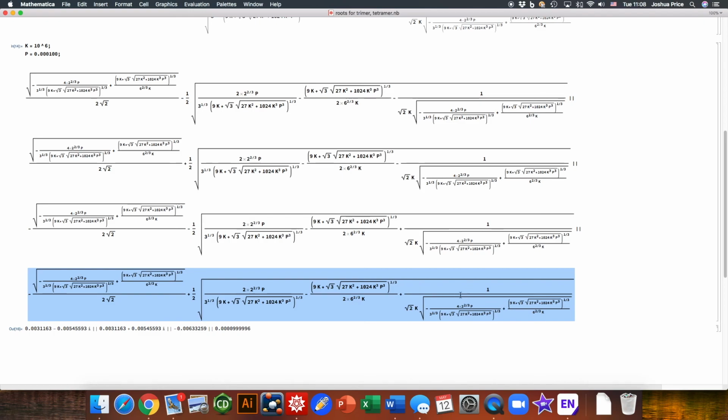We can plug in this root that I've highlighted into our fraction folded expression for the monomer-tetramer equilibrium. p is a number that we know, and k is a number we're going to calculate based on delta G, and we're going to allow delta G to vary with temperature such that the fraction folded that we calculate most closely resembles the fraction folded that we observe.